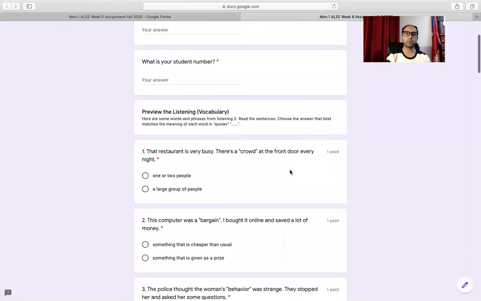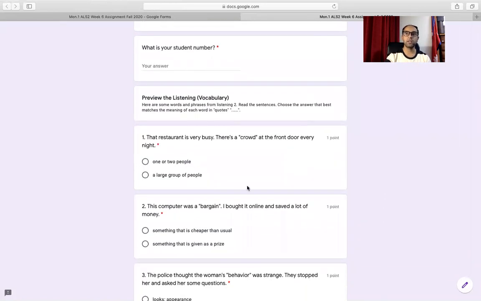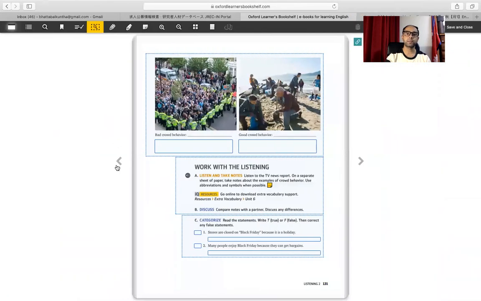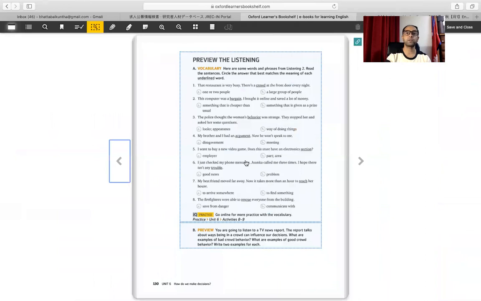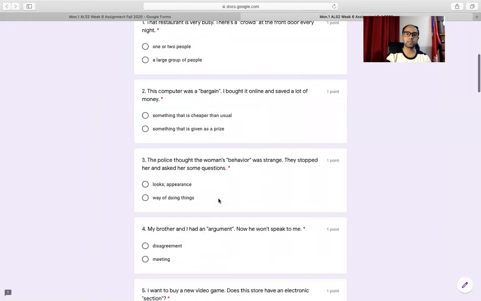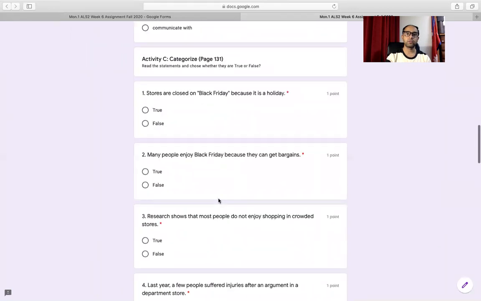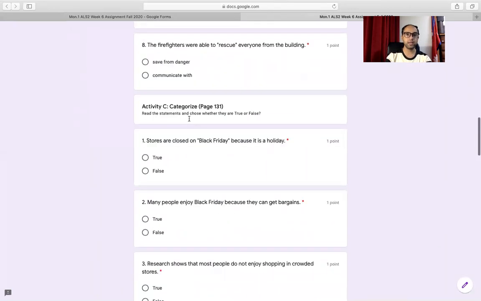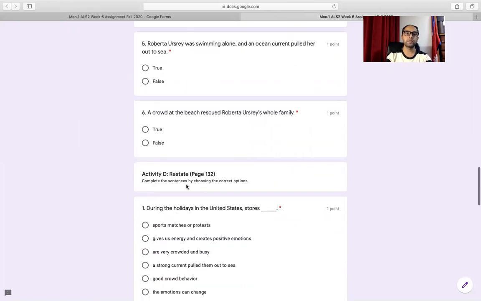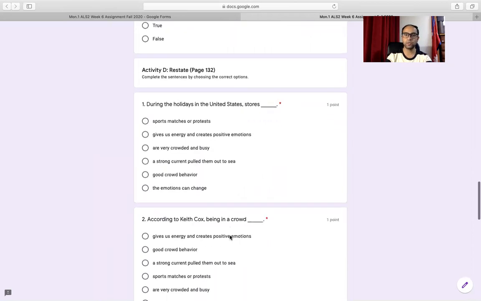In the first part, you have the vocabulary section. The vocabulary comes from your textbook page 130. And the other part of your assignment is over here, activity C, categorization, true or false. And activity D, restating, which you have to complete the sentences by choosing correct options.